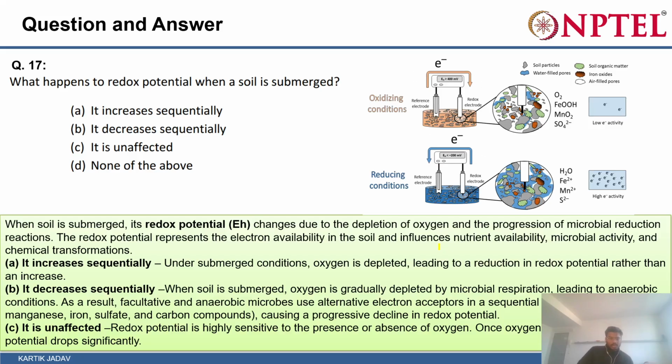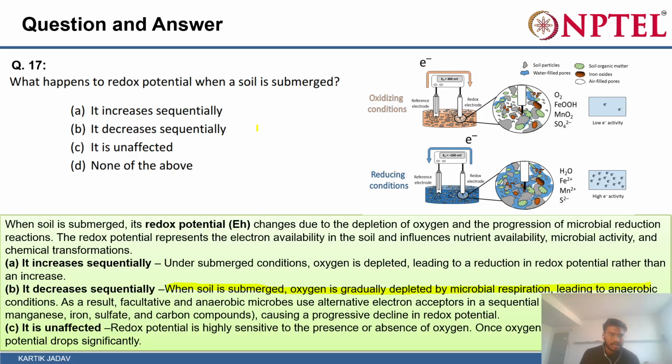So under submerged conditions, redox potential decreases due to depletion of oxygen. There is a reduction in redox potential rather than an increase, so the first option is incorrect. When soil is submerged, oxygen is gradually depleted by microbial respiration, leading to anaerobic conditions.